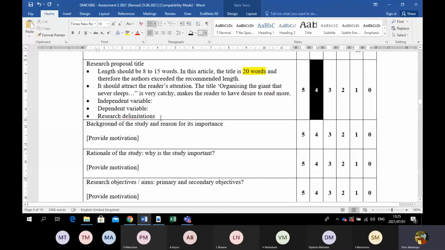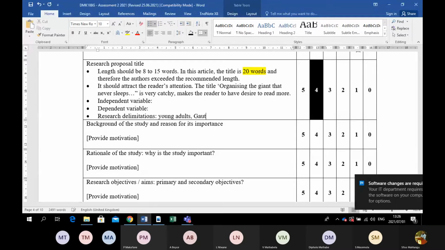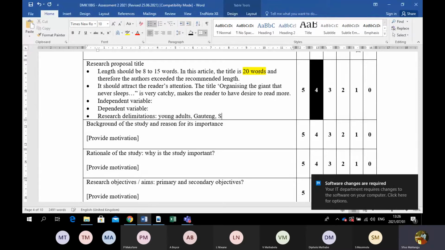So these are research limitations. For example, if you read the title, if it does indicate that this study will be conducted on young adults, that's what we're looking for. So it should show that in the title. For example, if it does show that this will be done in Gauteng, South Africa, that's going to be our location.